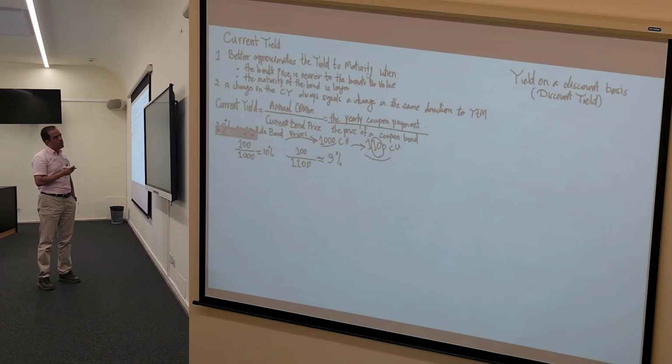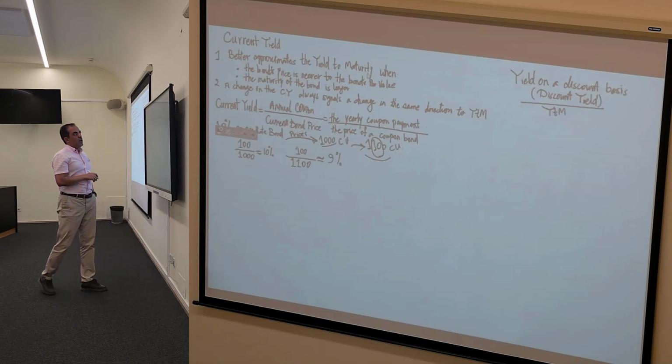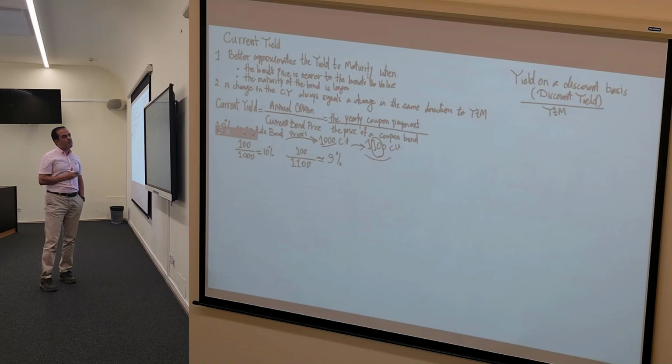So it is a solution to calculate the yield to maturity, and it was a solution before computers helped in calculation. So people found this yield to maturity calculation a little bit difficult to be applied in the real market.